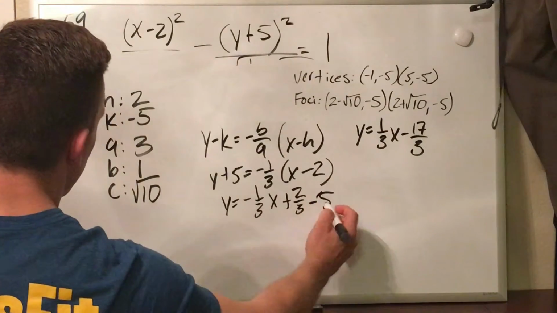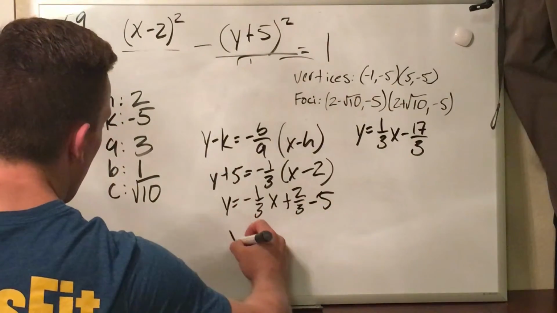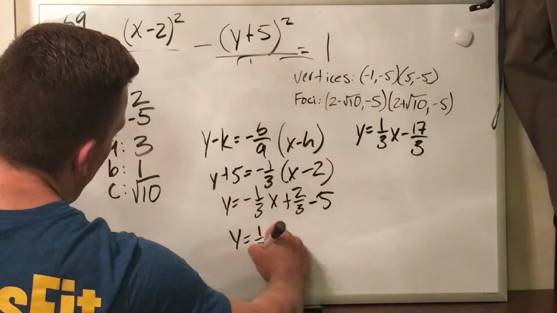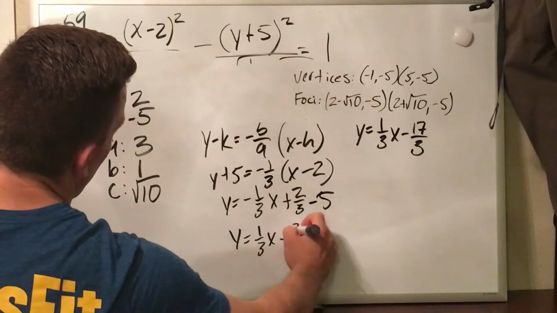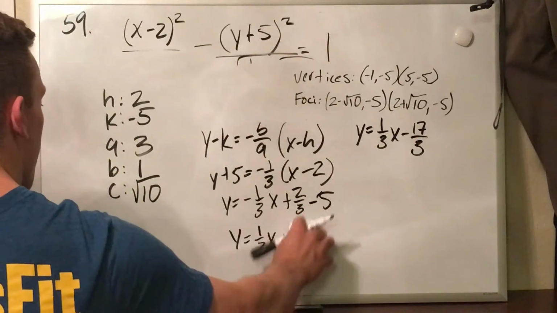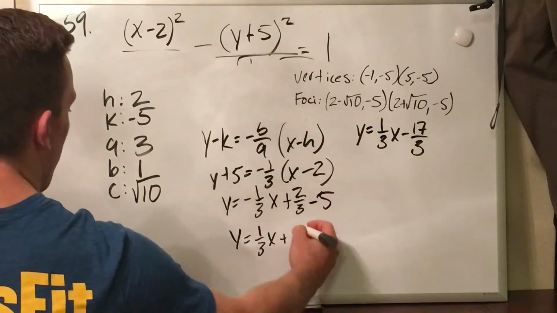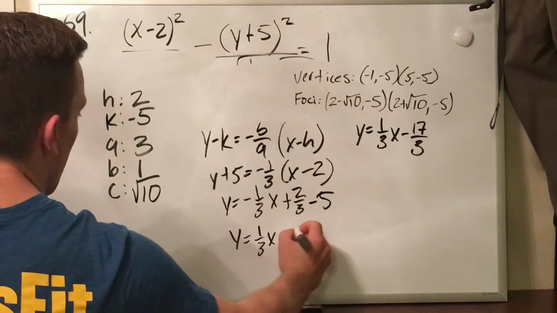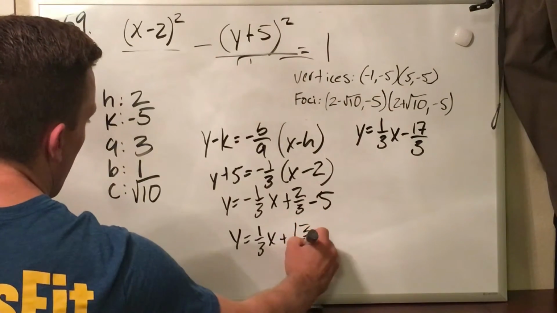Again, that's 15/3 there. y equals negative 1/3 x, and negative 2 plus 15 is going to give us 13 over 3.